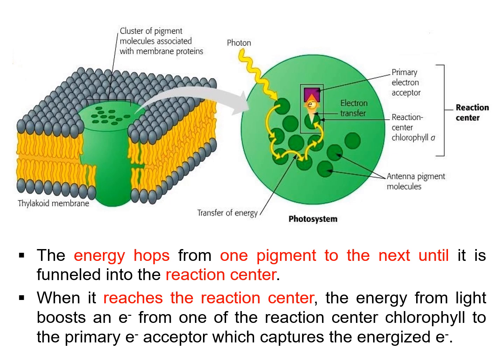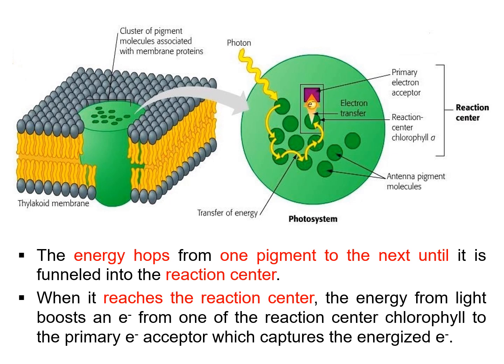Let's repeat again. One photon, or packet of energy, is absorbed by the chloroplast, especially on the thylakoid membrane. Once it strikes the thylakoid membrane, an electron will be ejected from photosystem 2.